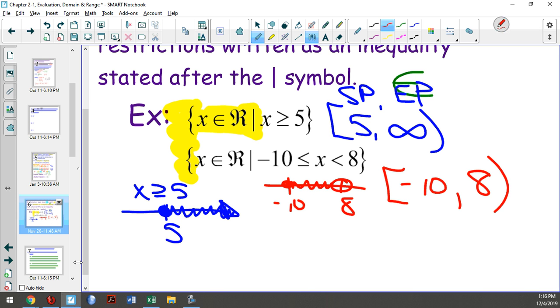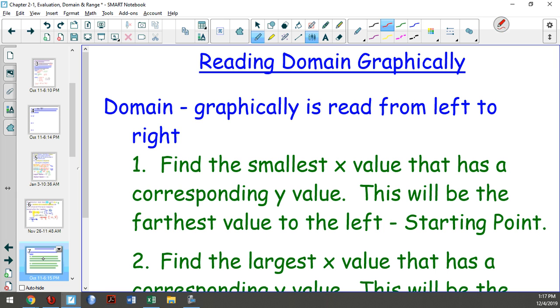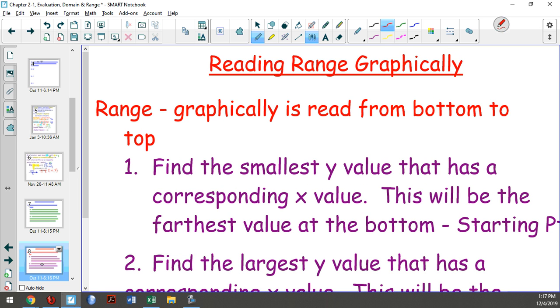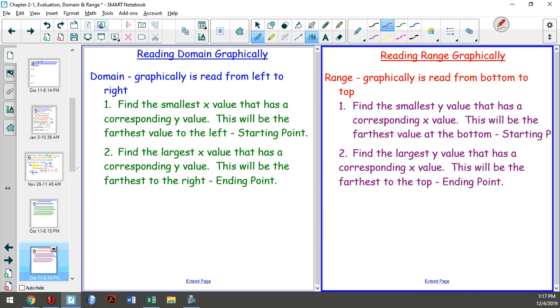Okay? All right, now, these two slides right here simply tell you in words how to find the domain and the range. Now, we are going to do this together. Whenever I said domain yesterday, I said that domain is read from which direction? Left to right, from the smallest number in the world that x can be to the largest number in the world that x can be.